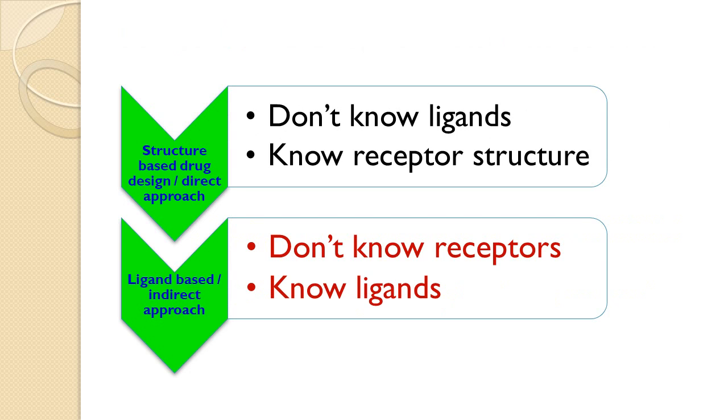In case of structure-based drug design, you don't know ligands but you know the receptor structure. Whereas for ligand-based or indirect approach, you don't know receptors but you know the ligands.